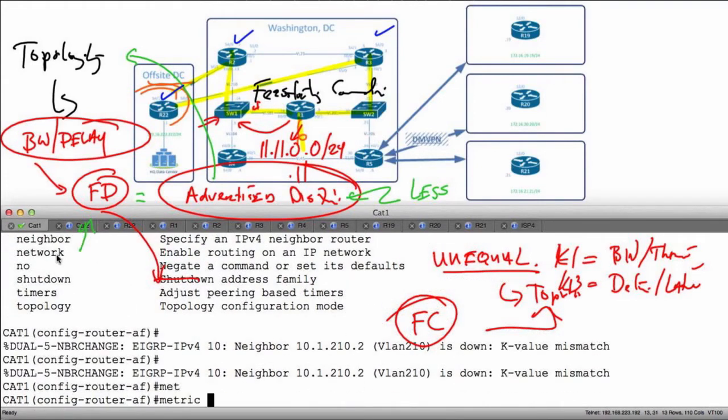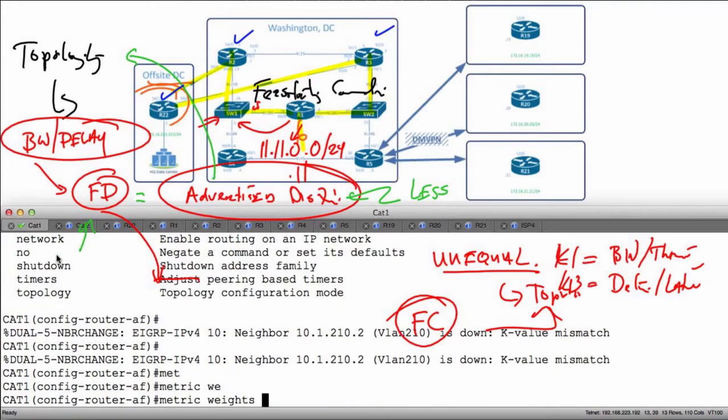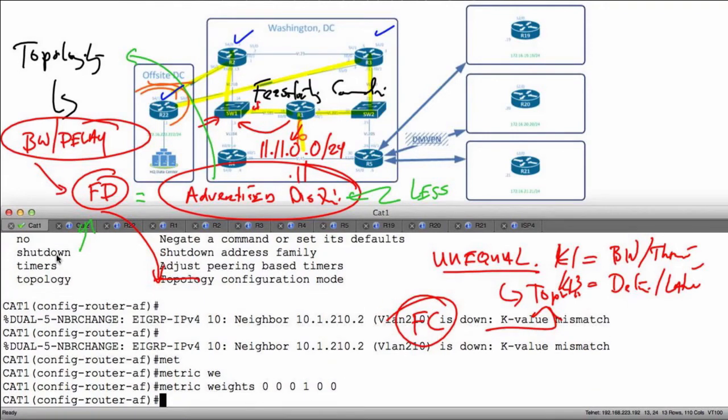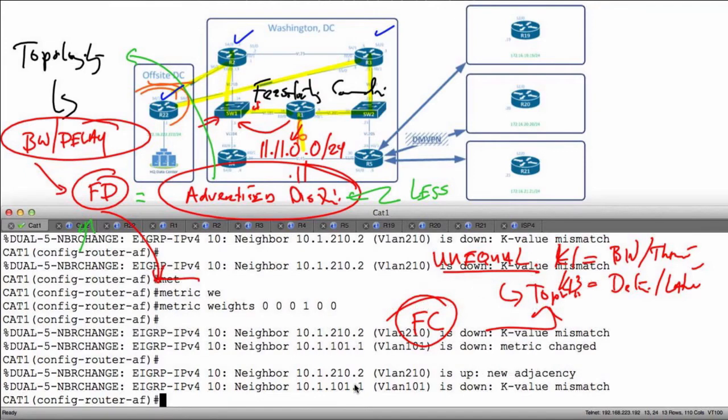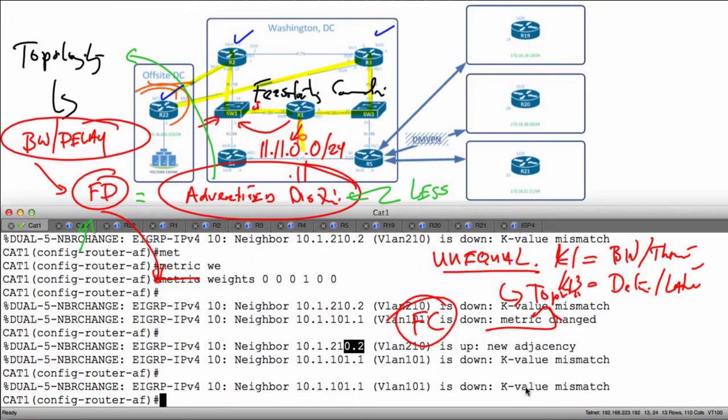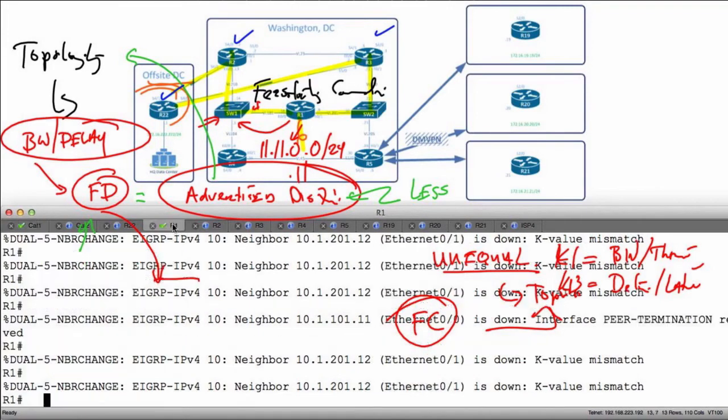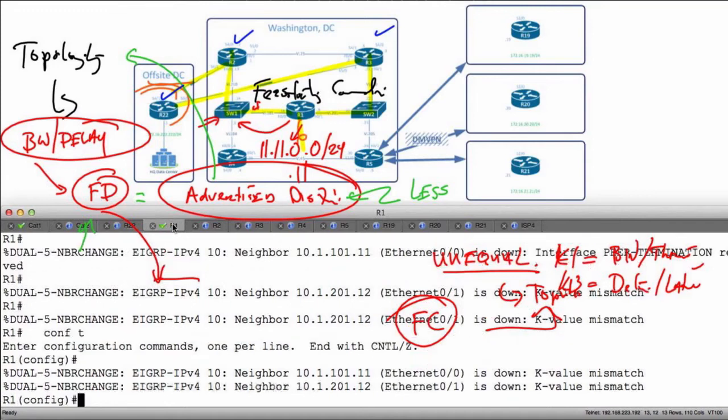So I could type metric weights 0, 0, 0, 1, 0, 0 and press enter. That should bring my link back up to R2, which it did, but my link to R1 is going to be down. So let's go over to R1 and make the matching config.